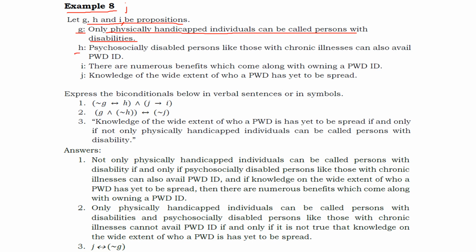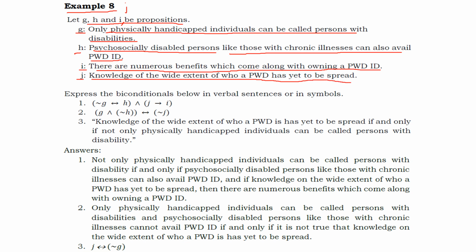For H: psychosocially disabled persons, like those with chronic illnesses, can also avail a PWD ID. For I: there are numerous benefits which come along with owning a PWD ID. And for J: knowledge of the wide extent of who a PWD is has yet to be spread. So there are four propositions involved.